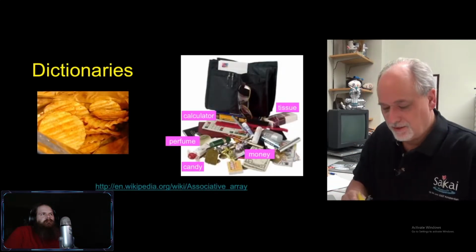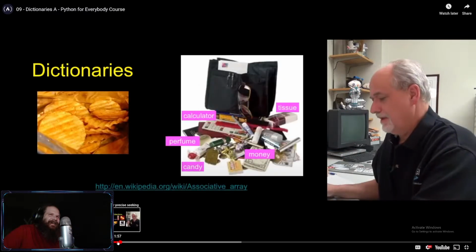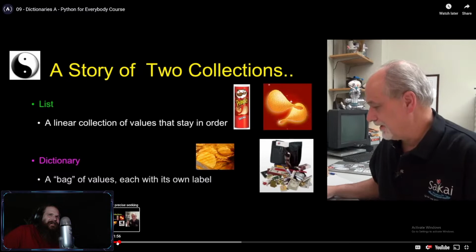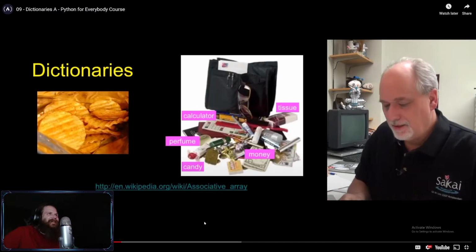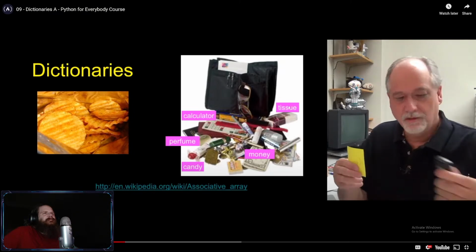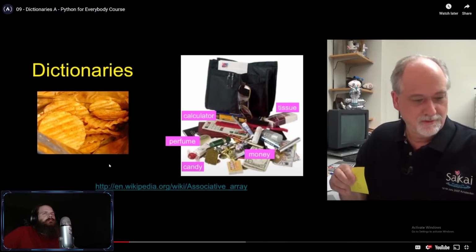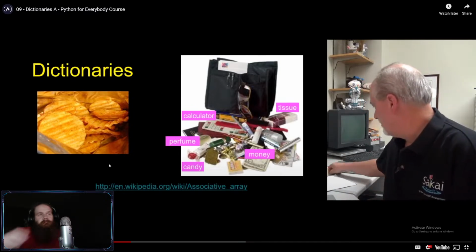And so the idea is you have these labels that you put on everything that you're going to throw in. Like I'm going to put, hope it won't stick to my keys. What else do I got here?